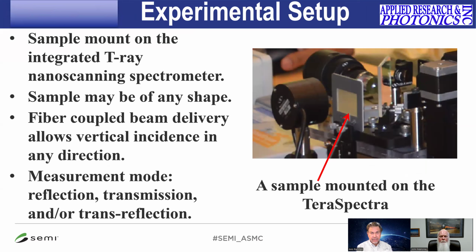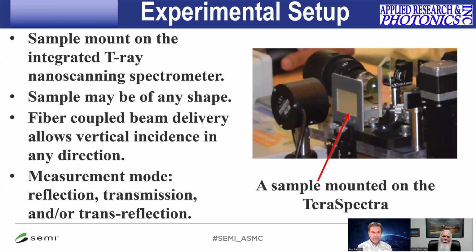So in our case, we have this experimental setup where we have a sample in front of our terahertz time domain spectrometer. And you can see 2 ways to get the spectrum: one in the transmission mode, the other in the reflection mode. There are even cases of trans-reflectance measurement, which is sometimes important.